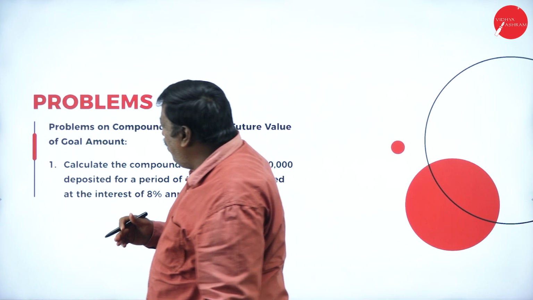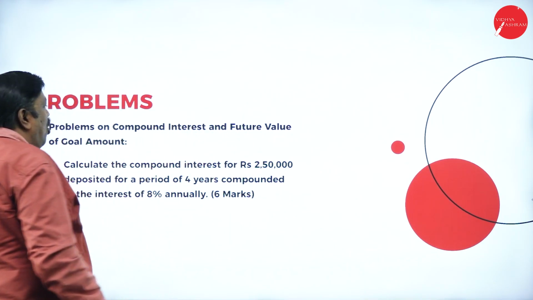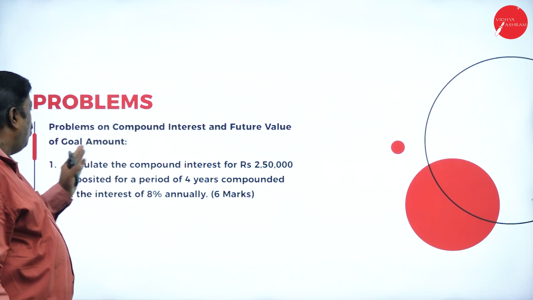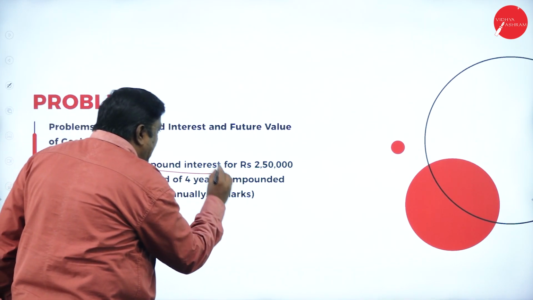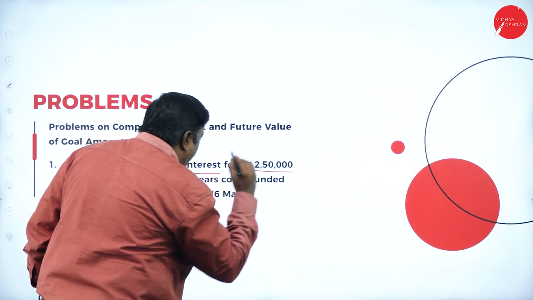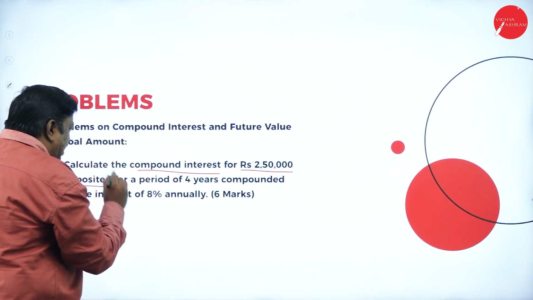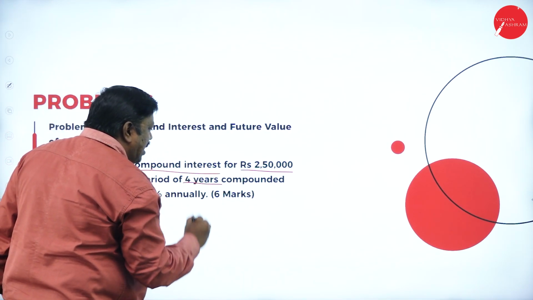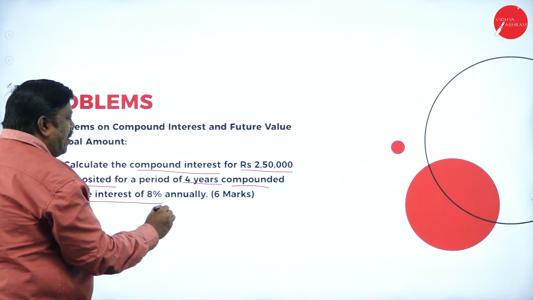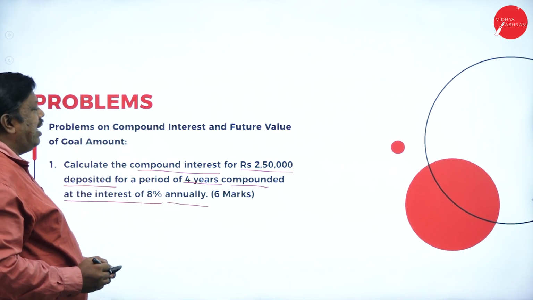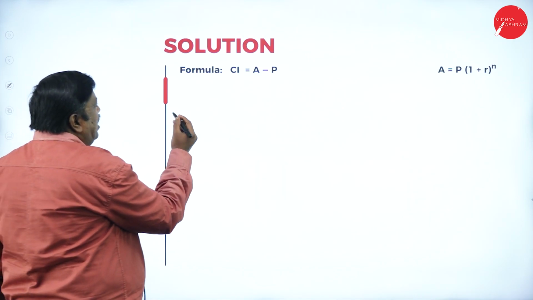Now, the first problem we have taken here is a problem on compound interest and future value of goal amount. Calculate the compound interest of rupees 2,50,000 deposited for a period of 4 years, compounded at the interest of 8% annually. So here they have given the deposit amount.